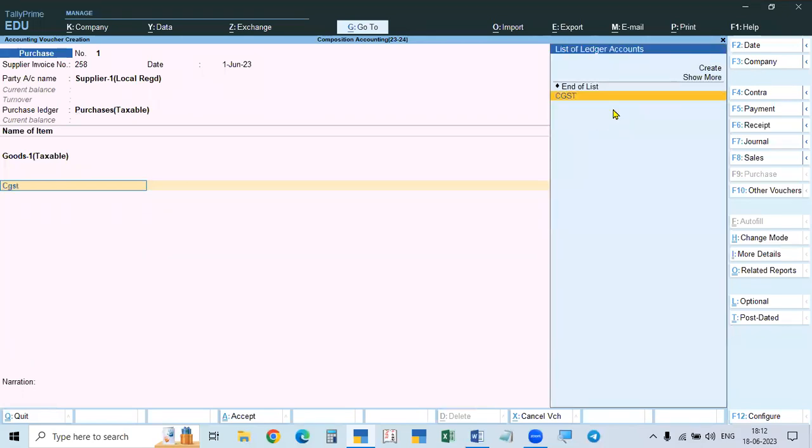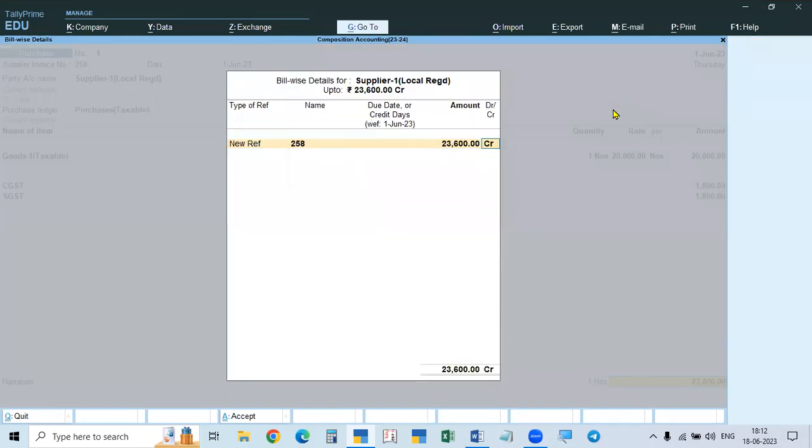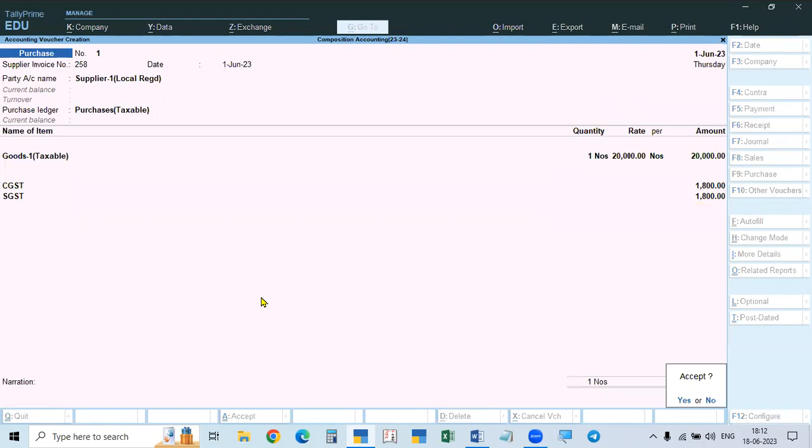So here CGST, SGST is added. Even though we put CGST and SGST separately, the amount will not be shown in the CGST and SGST accounts because they are not created under duties and taxes. They are created under indirect taxes. So in these tax accounts, the amount will not be shown. It will be added to the purchases account. So the total amount will be added to the purchases.